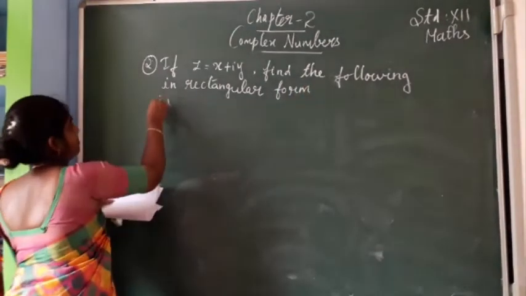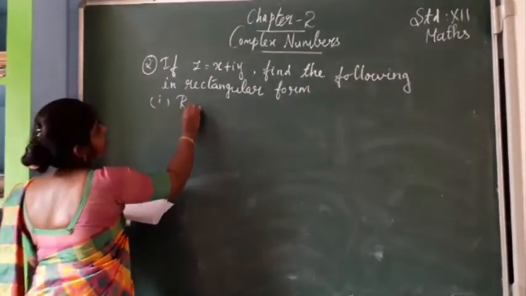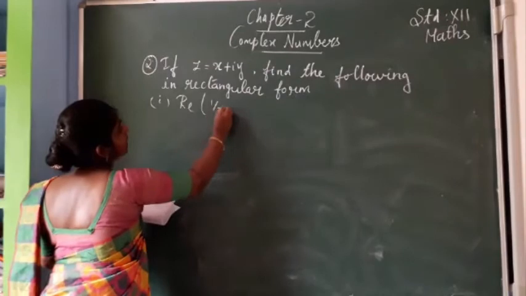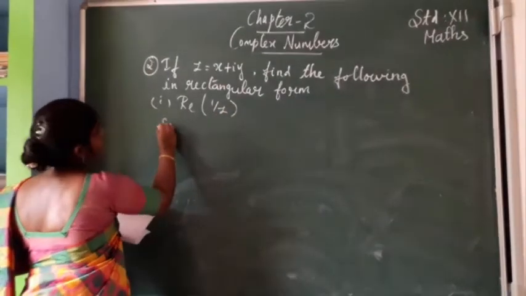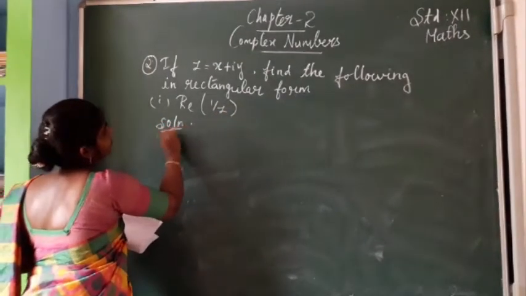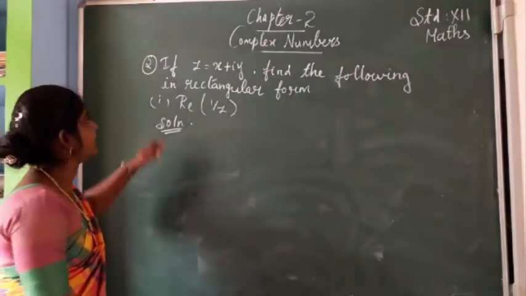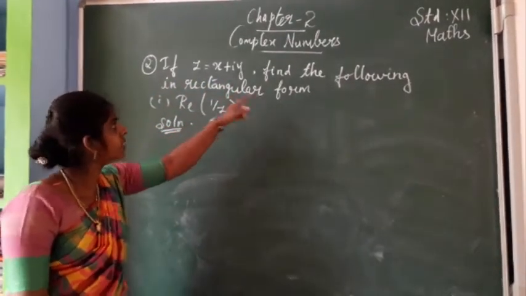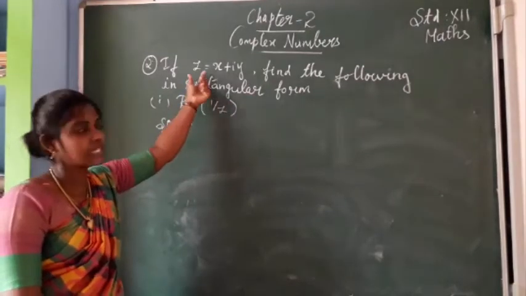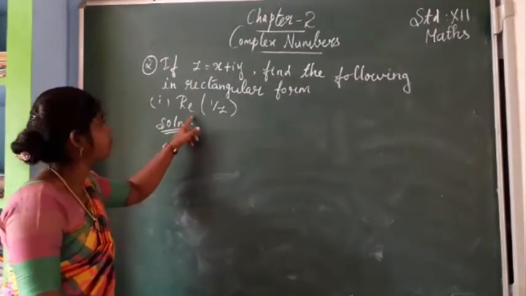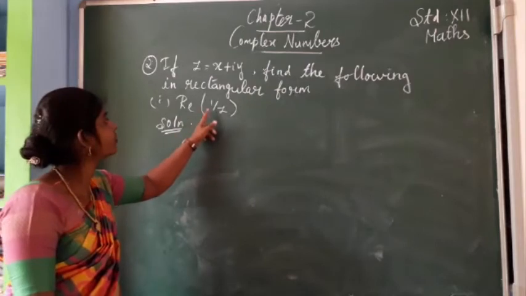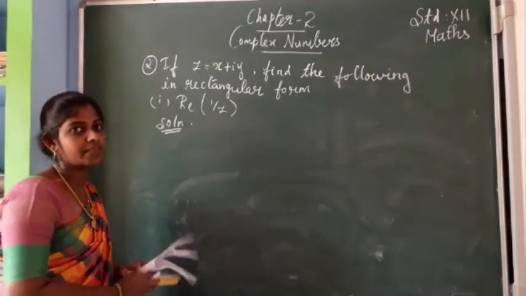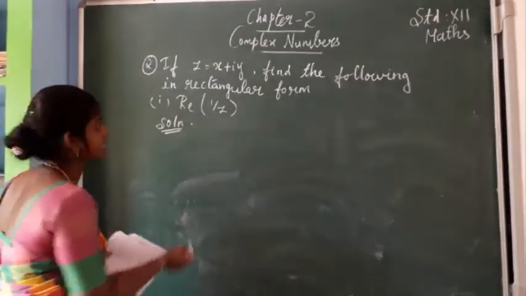First, real part of 1 by z. Solution. Now listen, what is given in the question? If z equal to x plus iy, find the following in rectangular form. This is the rectangular form. We have to find the real part of 1 by z.